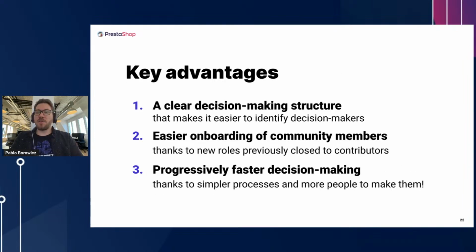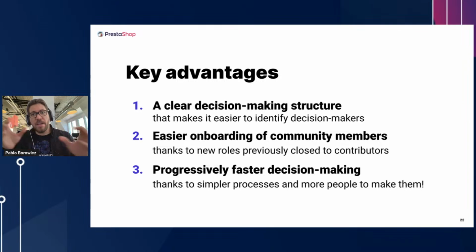The key advantages that we think we're going to get from this organization, the first one is having a clear decision-making structure, which is going to make it easier to identify decision makers and reach out to them when we need a decision to be made. The second is an easier onboarding of community members because we have new roles that are open to contributors that were closed before to them, like in product roles, in QA roles, for example.